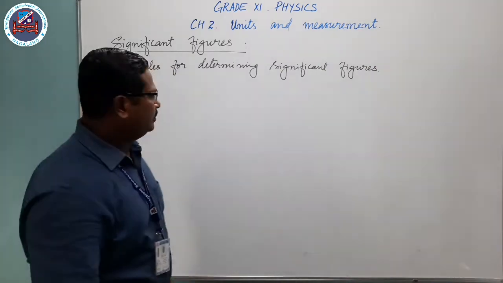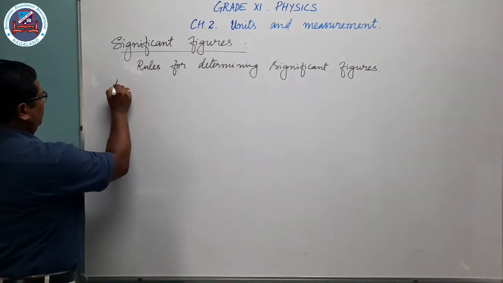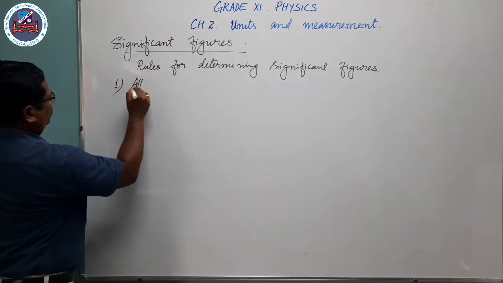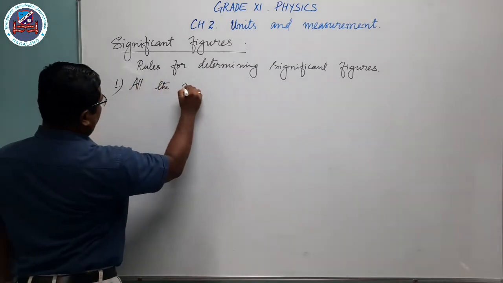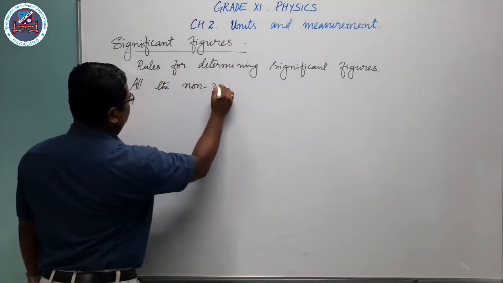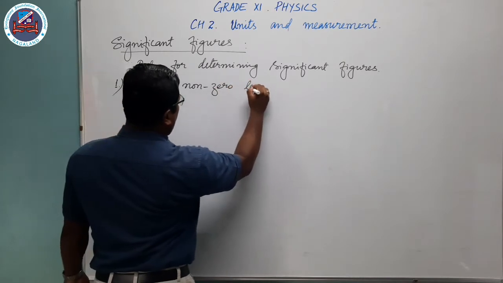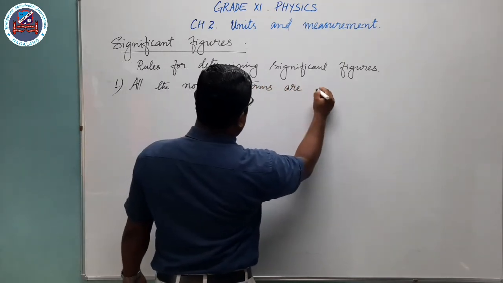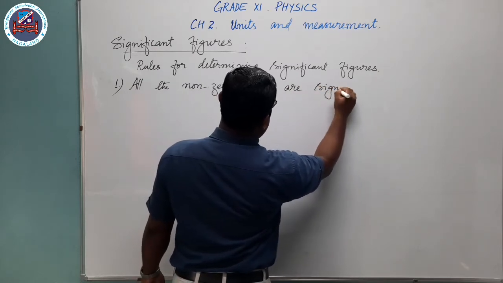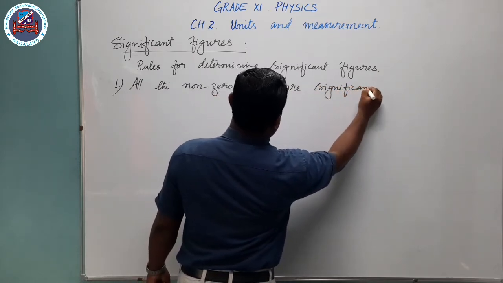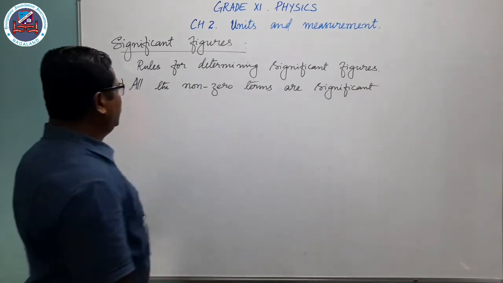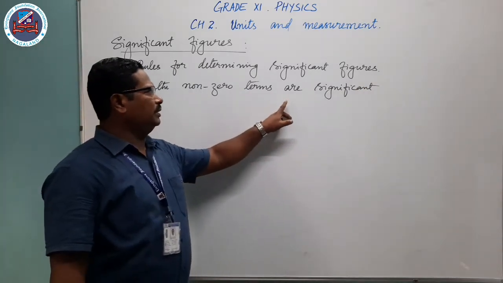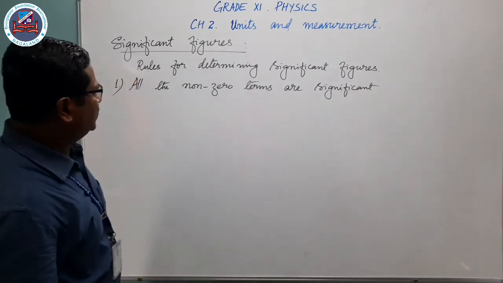Rule number 1 says that all the non-zero terms in a given number are significant. All the non-zero terms of a given number are significant.